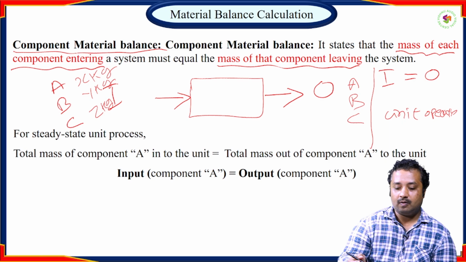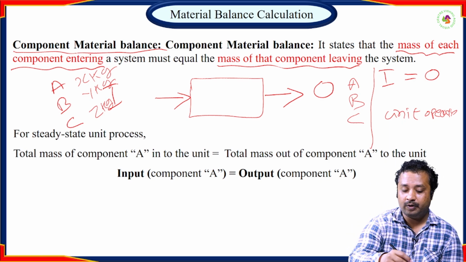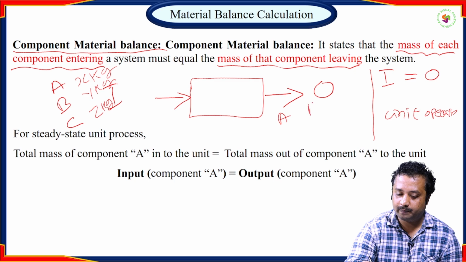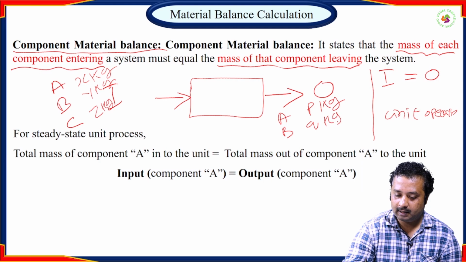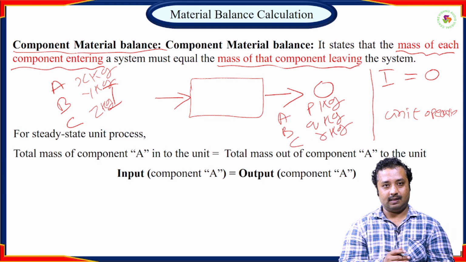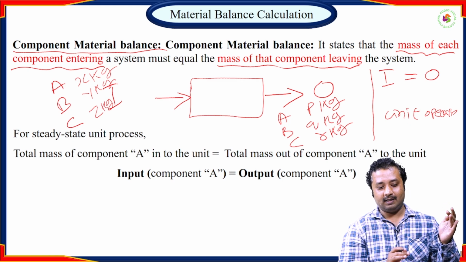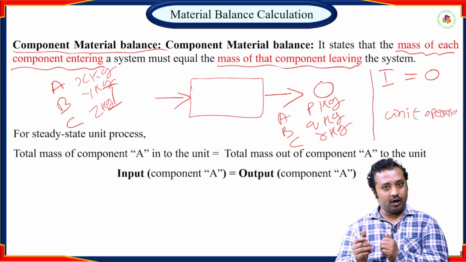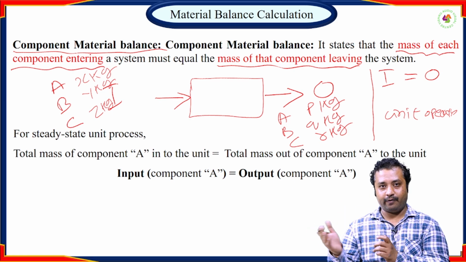So we do some operation. Suppose we get A as P kg, B as Q kg, and C as R kg. Let us consider like this. A, B, C three components with X, Y, Z kg respectively are entering, and in the output we get A, B, C of P, Q, R kg, some different weight.